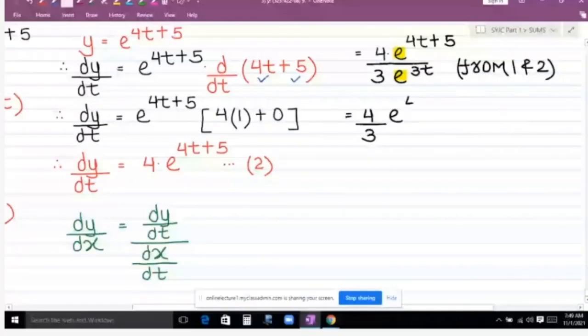e raised to 4t plus 5 into e raised to minus of 3t, by using the laws of indices. Below the power is positive, above it will become negative.